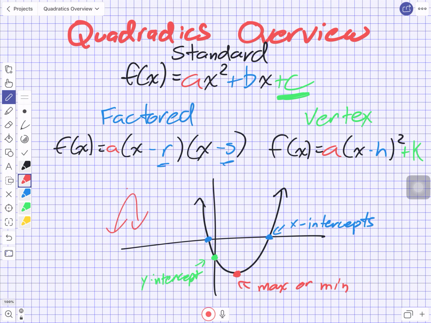If you have a quadratic that's facing downwards, then this would be considered the max because it's the highest point. The coordinate of it is your h value and your k value. So these values right here tell you what that is. So depending on what form you're in, you can find out a whole bunch of information about the quadratic.